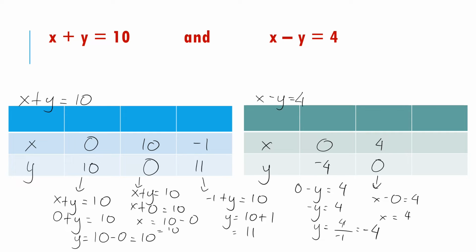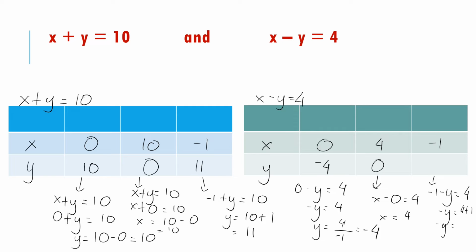It will be better if you find one more point with a negative number. So just minus 1: minus 1 minus y equals 4, so minus y equals 4 plus 1, because it moved from the left to the right side.